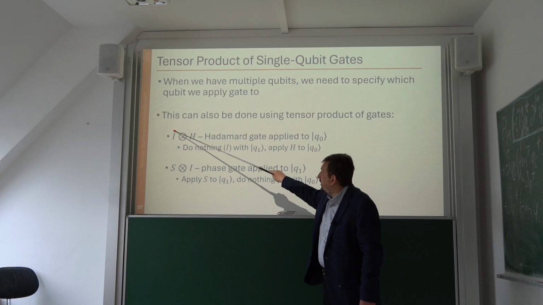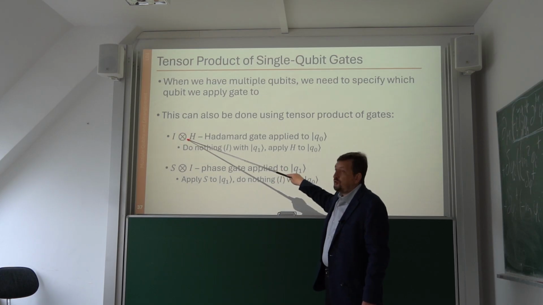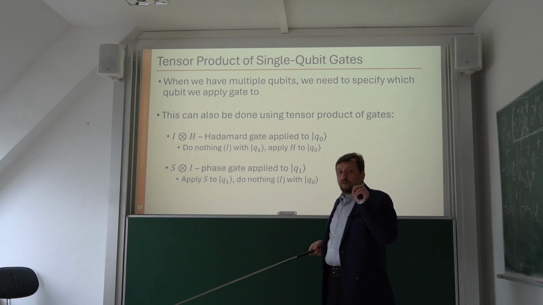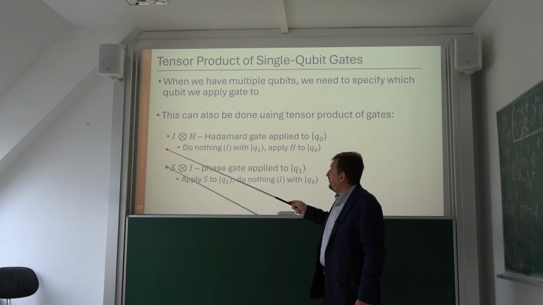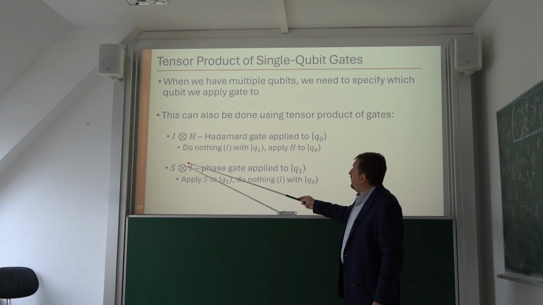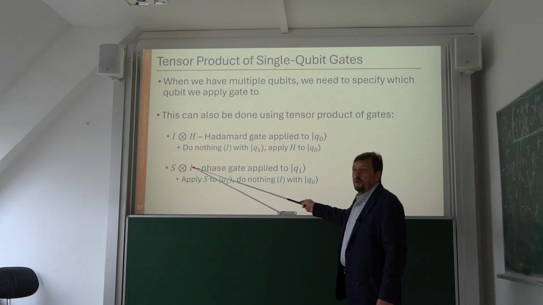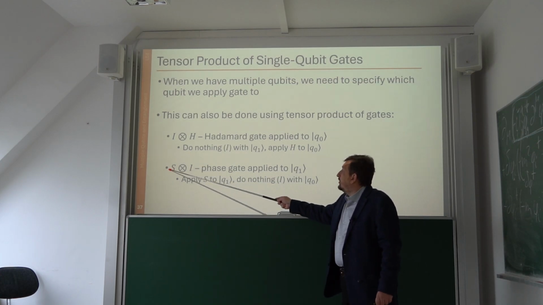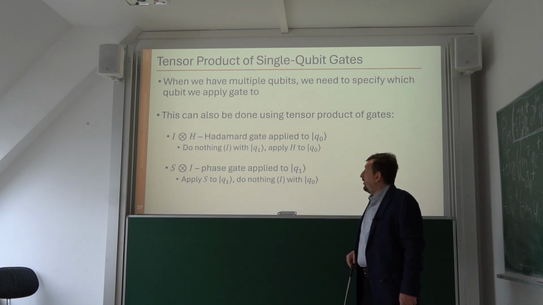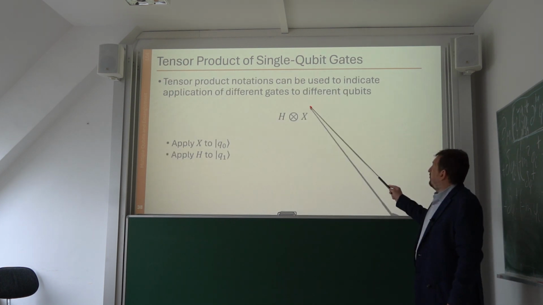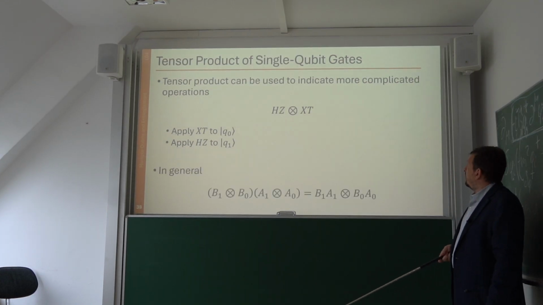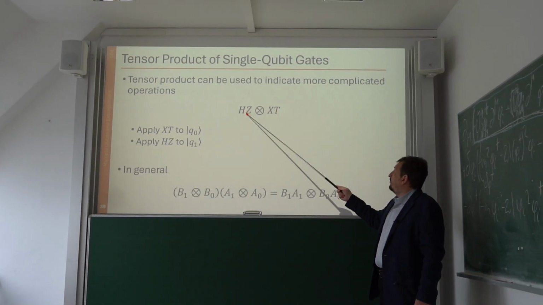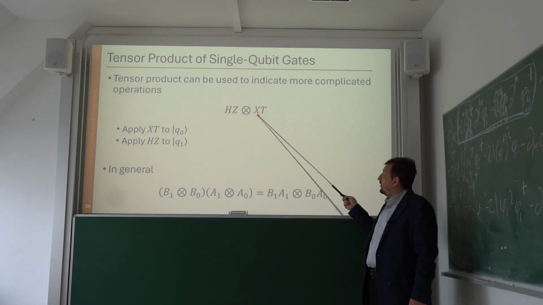To write such an operation with tensor notation, we really need this identity operator. Here, the identity operator is applied to qubit 0, so we don't do anything with it. We apply the phase gate to qubit number 1. We can combine this tensor product using a combination like this, or we can even write something more complicated, like this.